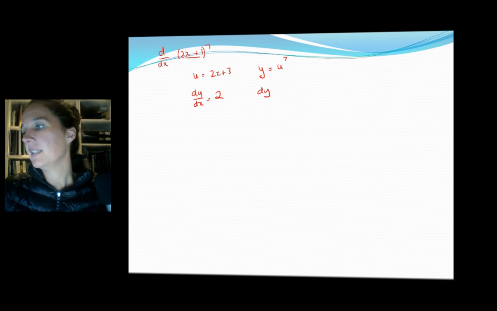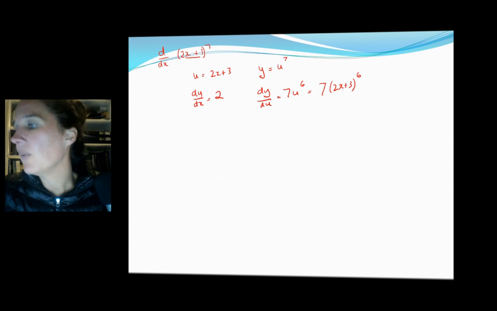So if we do another example from the notes here, we want to differentiate here 2x plus 3 to the power of 7. If we were to differentiate this, so here d on dx, remembering here, well, u is equal to 2x plus 3. du on dx is equal to 2. So here our y is equal to u to the power of 7. dy on du is equal to 7u to the power of 6, is 7 times 2x plus 3 to the power of 6.